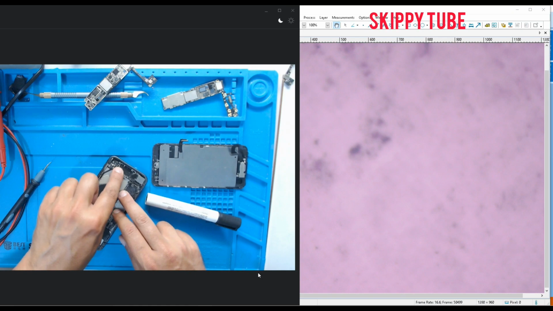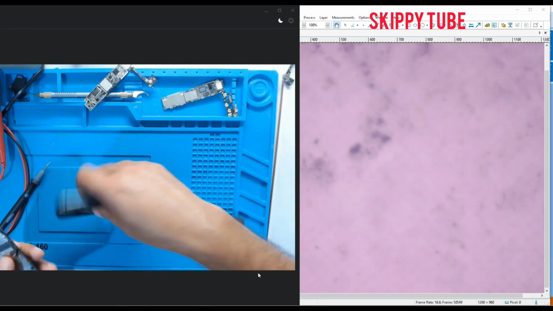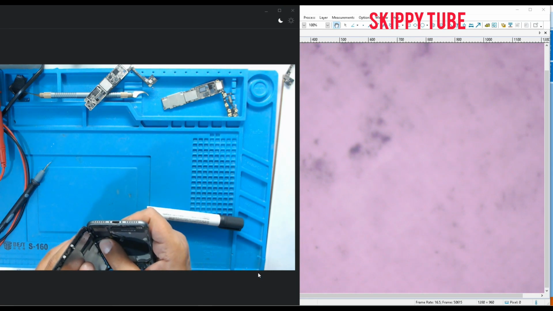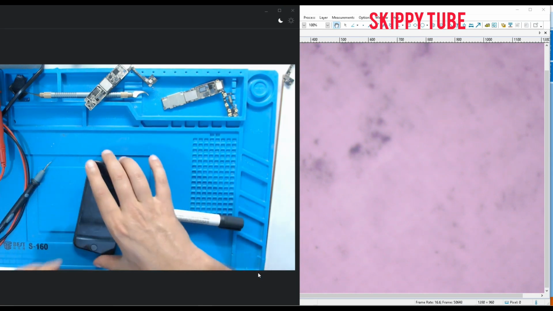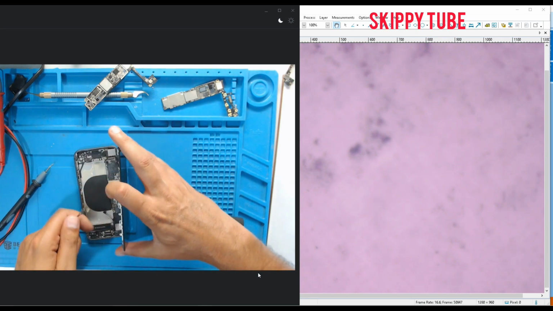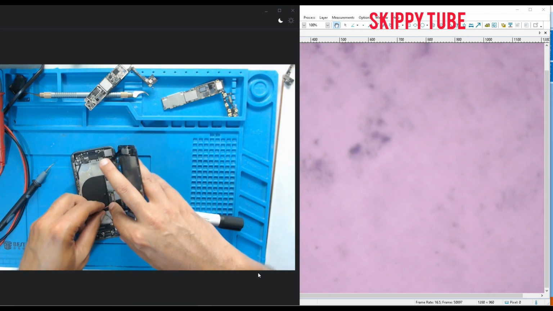I just found this problem, and in the next video I will explain about the Skippy test or something like that. Very simple, I'll make the video and explain that problem. If you have any question about this way or this video, you can comment under this video.